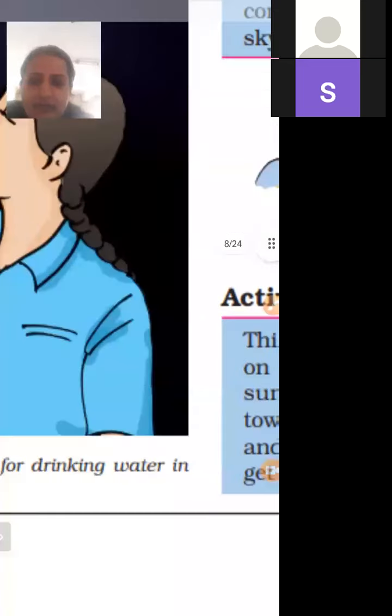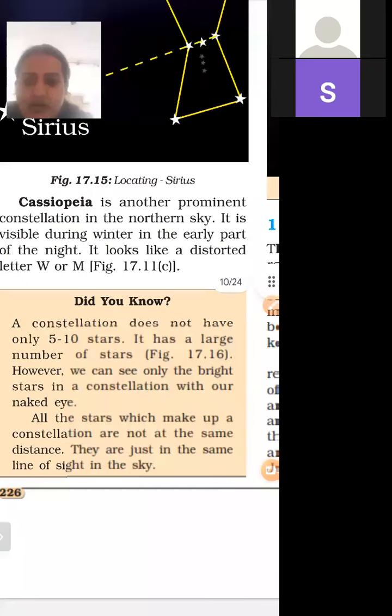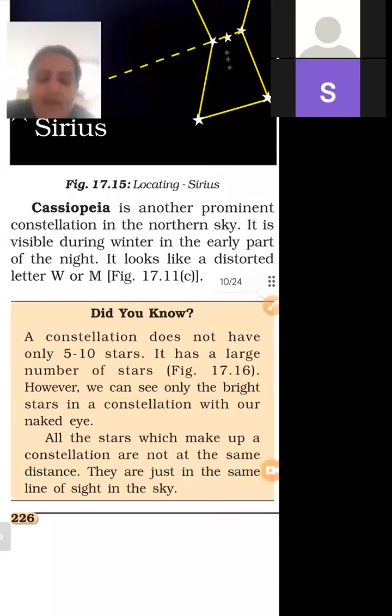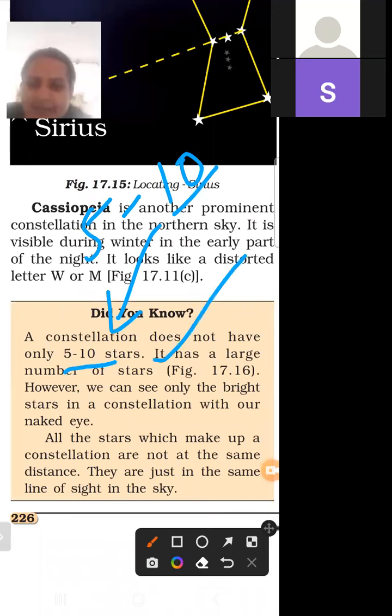A constellation does not have only 5 to 10 stars. You have to remember that a constellation has a large number of stars. However, we can see only the bright stars.